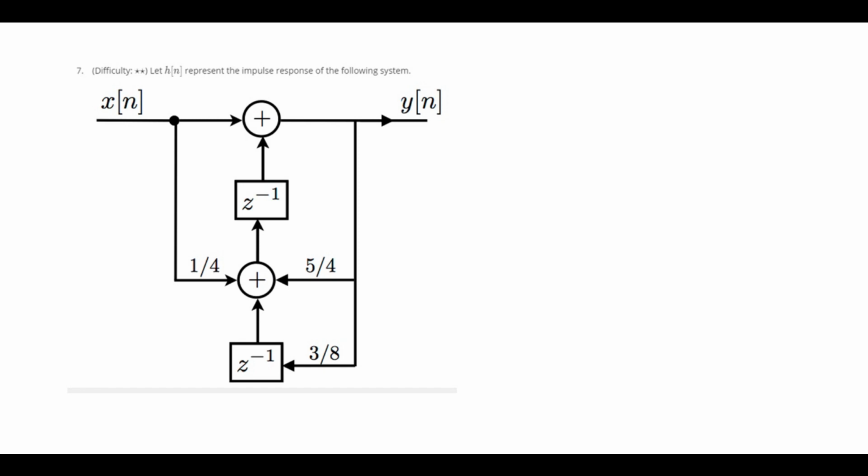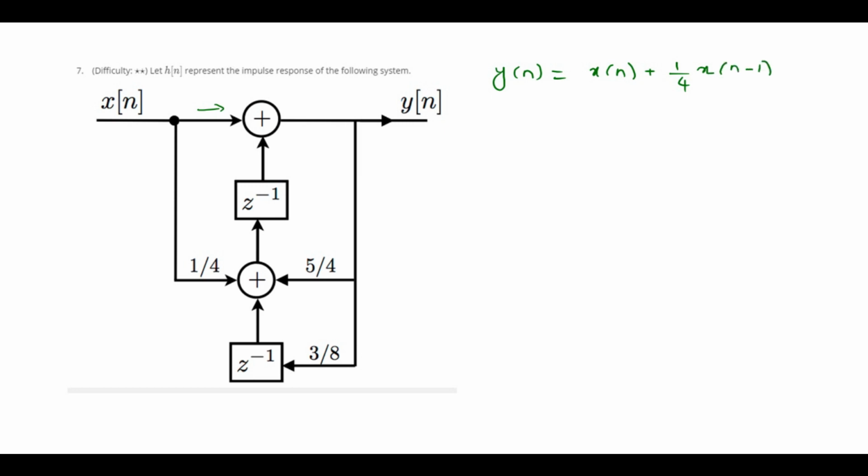With this I am trying to write the difference equation, y of n is equal to... all this feed forward path in the numerator, simply the numerator terms, that is x of n plus 1 by 4 x of n minus 1.